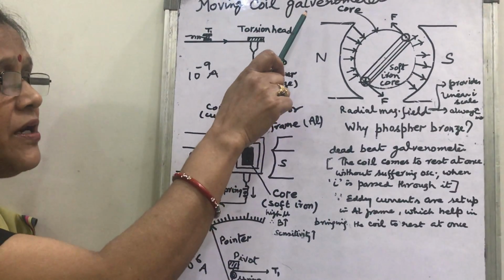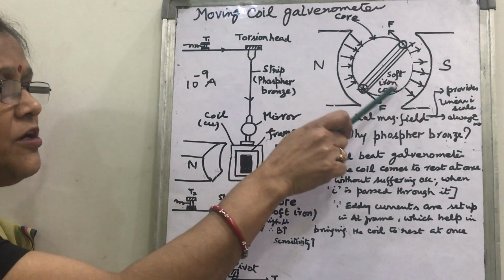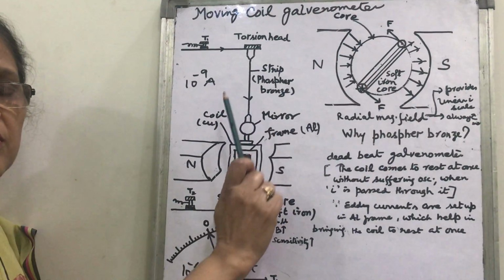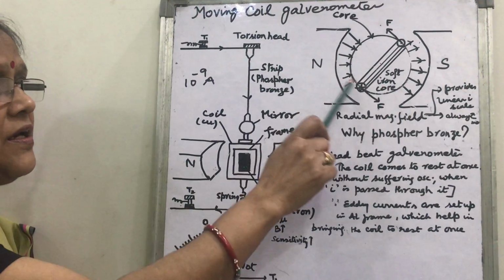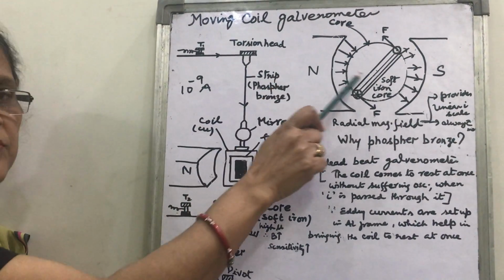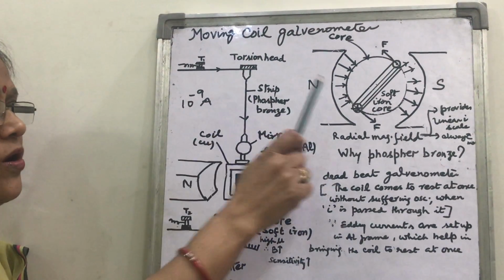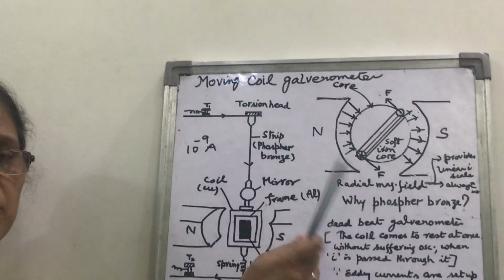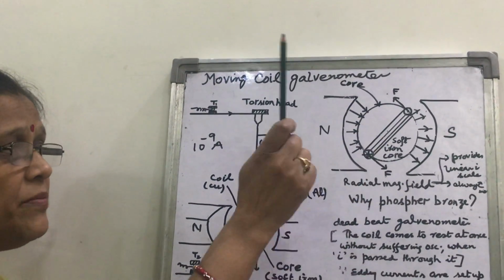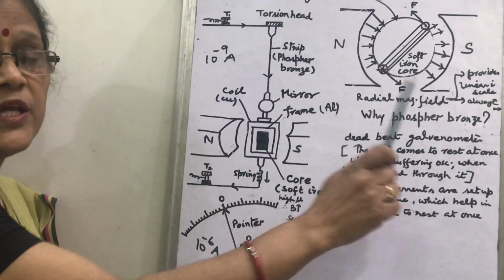More magnetic lines of force are concentrated, and their distribution becomes like this. Look. So here the magnetic field becomes uniform, the magnetic field becomes radial, and also the torque in every position of the coil becomes maximum. So what is the main role of the radial magnetic field? To provide a linear scale for current.